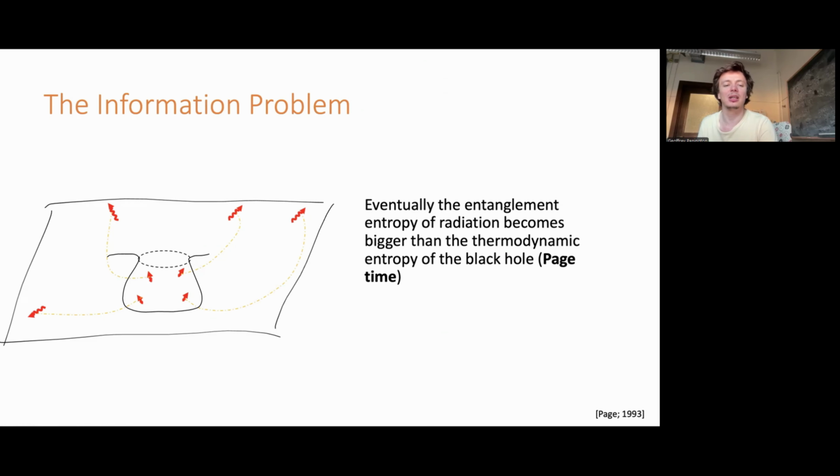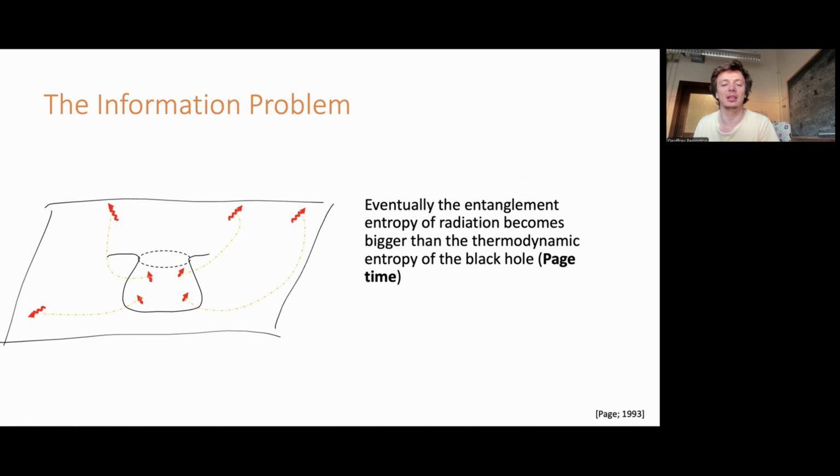it started with. And at around that time, seemingly the entanglement entropy of this radiation, the amount of noise that is supposed to be purified by the black hole, becomes bigger than this formula of the horizon area over 4G that is supposed to count all the different states that the black hole can be in.